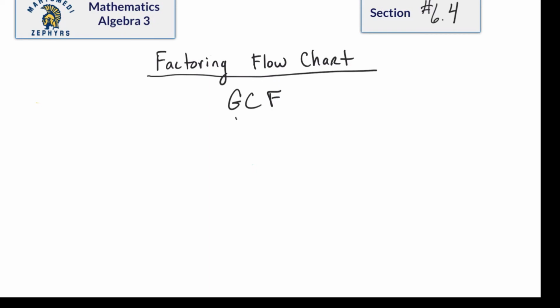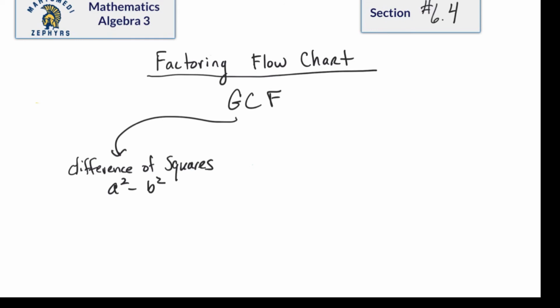Once you have that, then you're going to break off and decide, do I have 2 terms or 3 terms in my problem? If I have 2 terms, the first thing I'm going to look for after a greatest common factor is that difference of squares. And then I can break it into 2 binomials, a plus b, a minus b. Awesome. Okay, that will only work if you start out with two terms, a binomial.